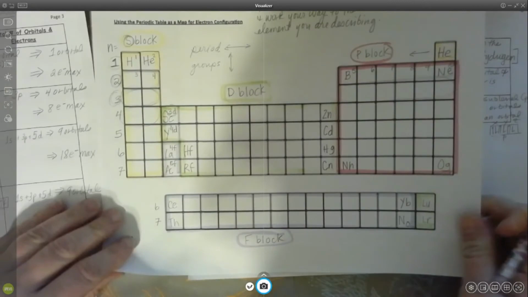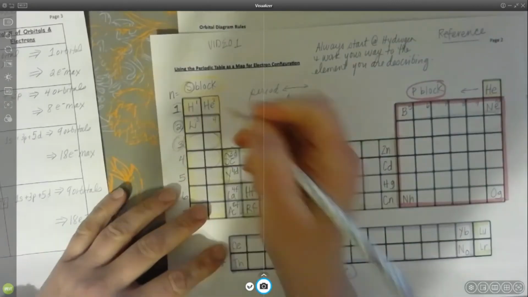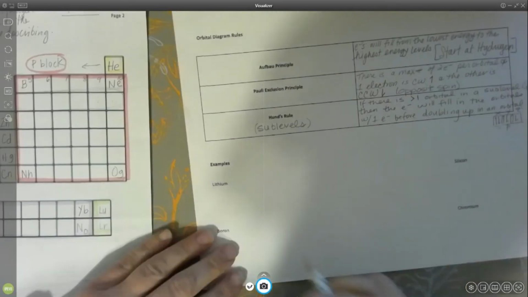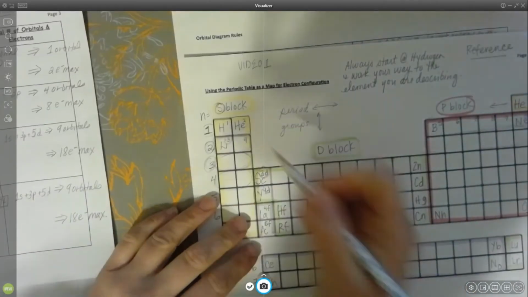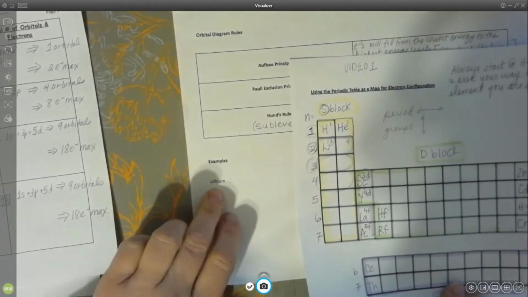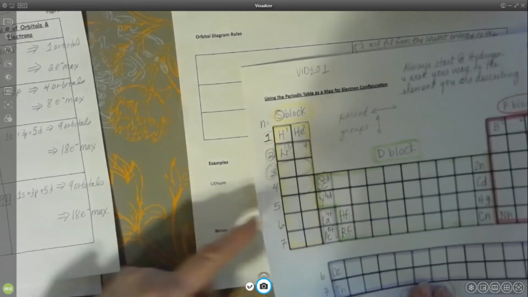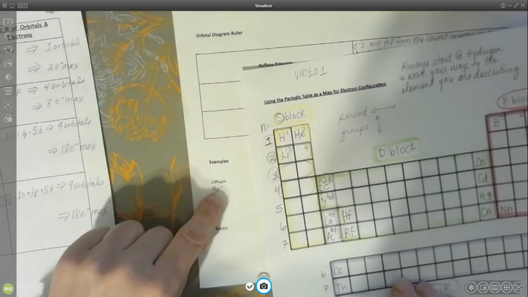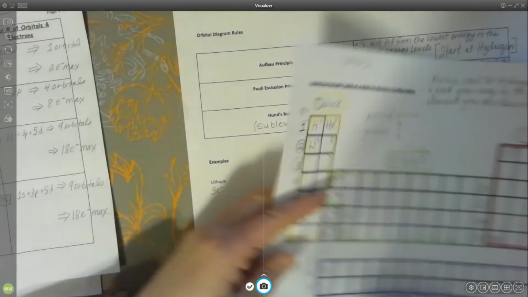So the first element is lithium. Lithium has an atomic number of 3. It doesn't say anything about being an ion, so there are 3 protons, and there are also going to be 3 electrons. And so I have to describe the position of all 3 electrons.